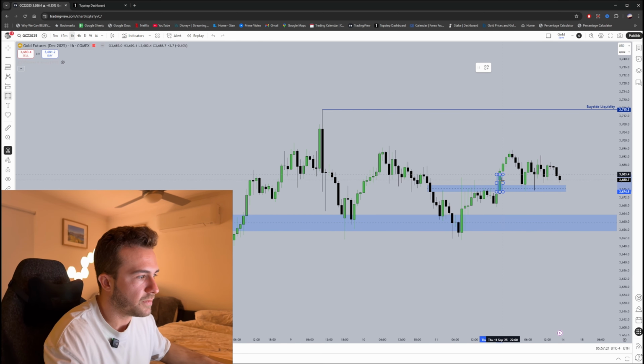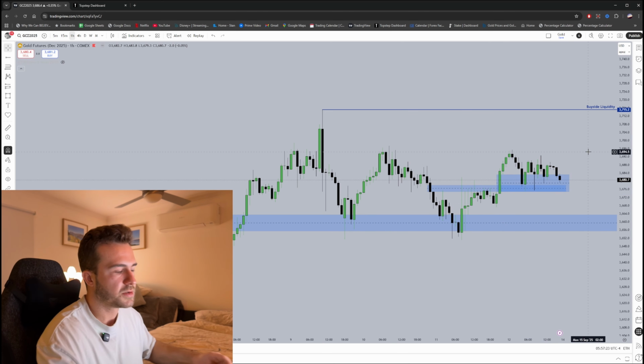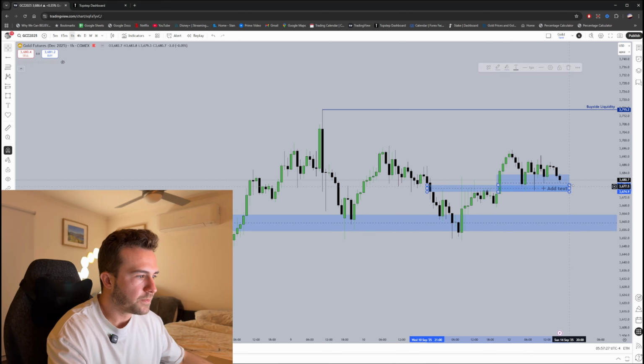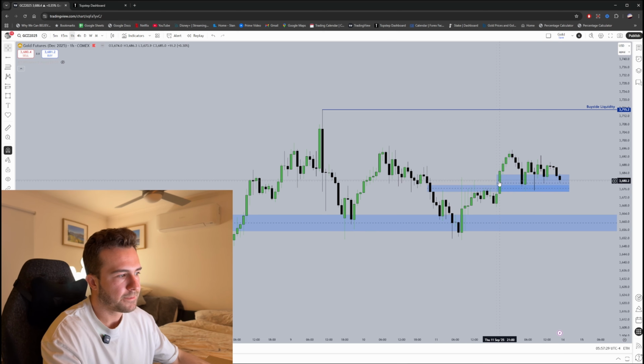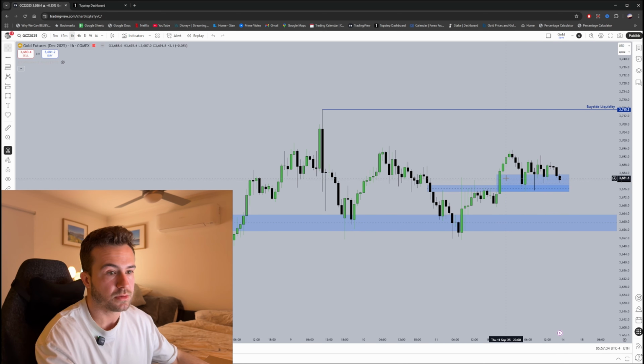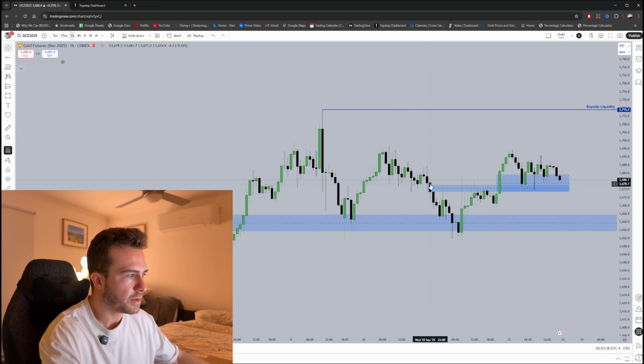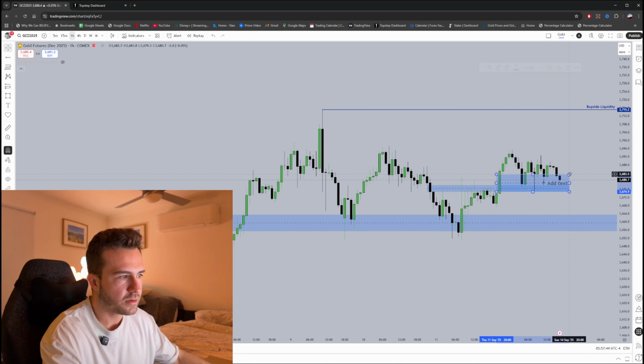However, there's also a 4 hour fair value gap here, so those two are kind of overlapping. Both of those are where we look for actual support, not trend line support or random lines we've drawn. Because we violated this and displaced through it, it's resistance turned support. Real resistance turned support, not random.